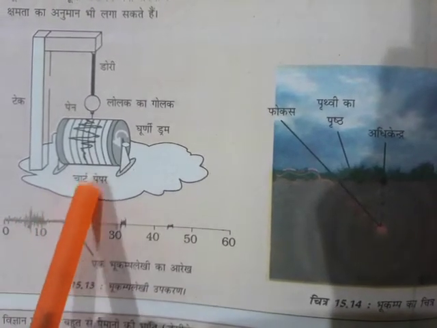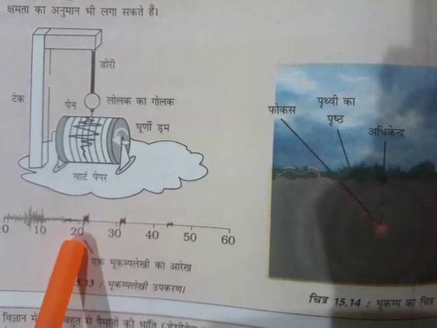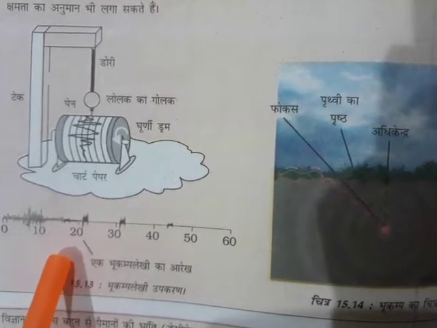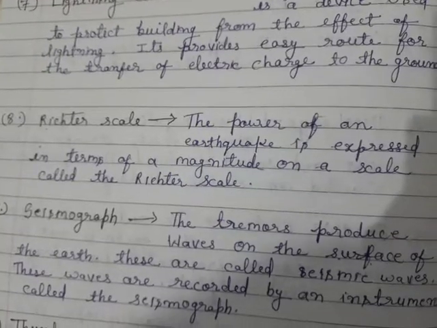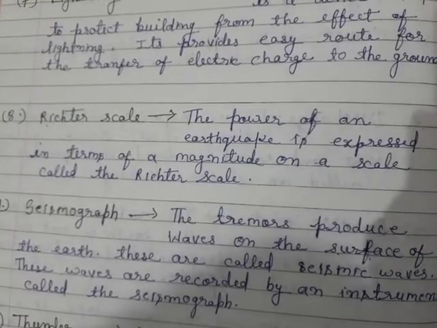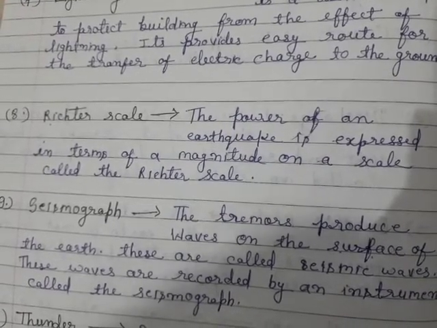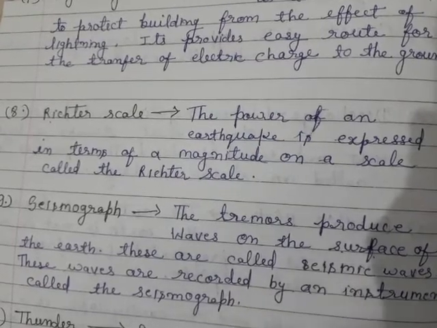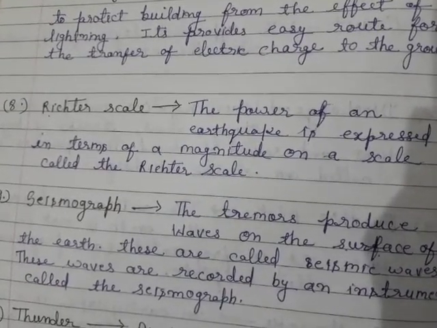By studying these waves, scientists can construct a complete map of the earthquake. What is a Richter scale? The power of an earthquake is expressed in terms of magnitude on a scale called the Richter scale.